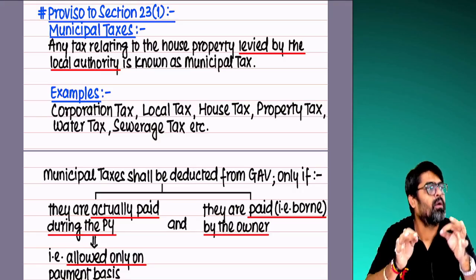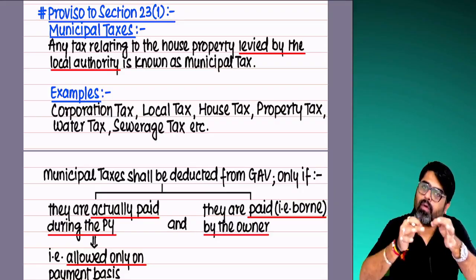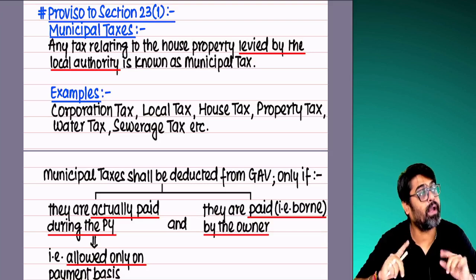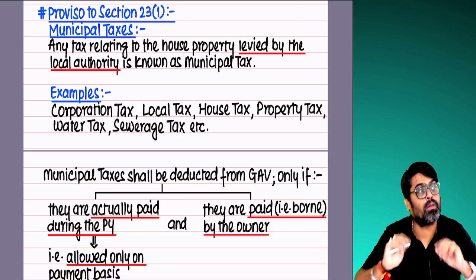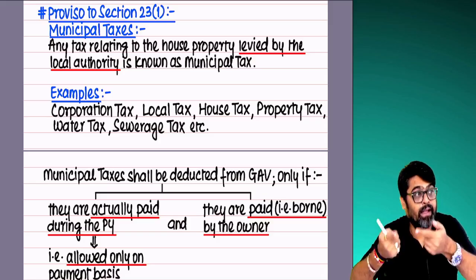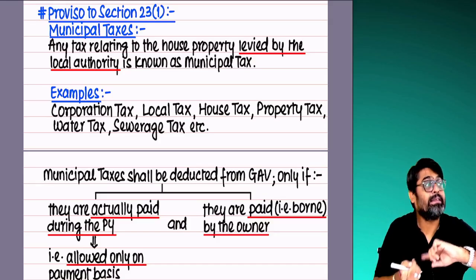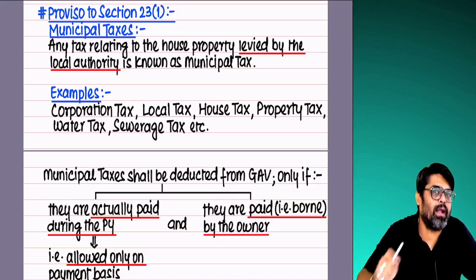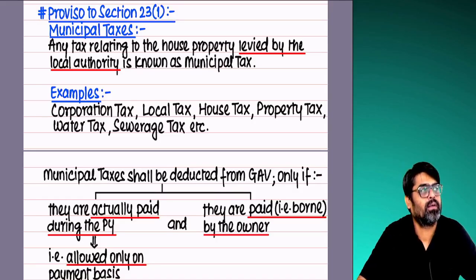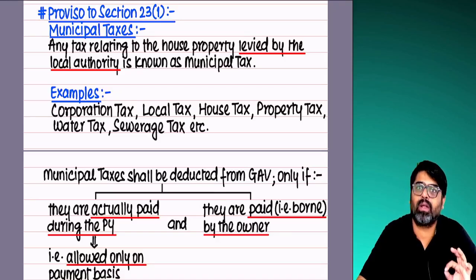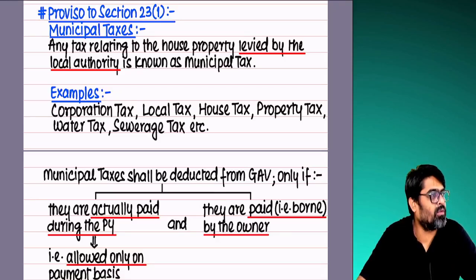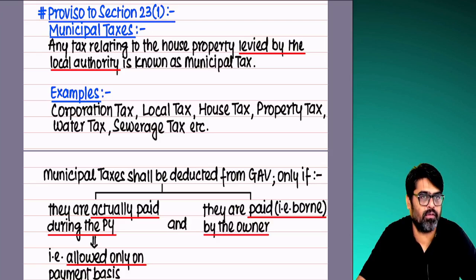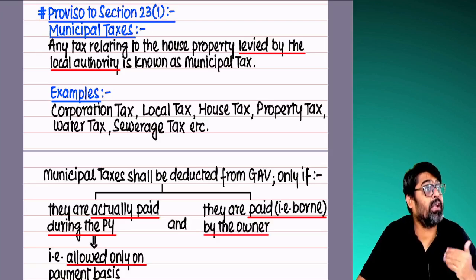The deduction from GAV will be available for this municipal tax only. Any tax for the property charged by the local authority, only that will be treated as municipal tax, and only that is allowed as a deduction. Getting my point? Sometimes the state government also charges different types of property taxes, like land revenue, like state property tax.